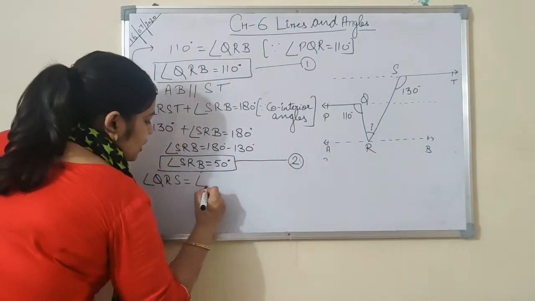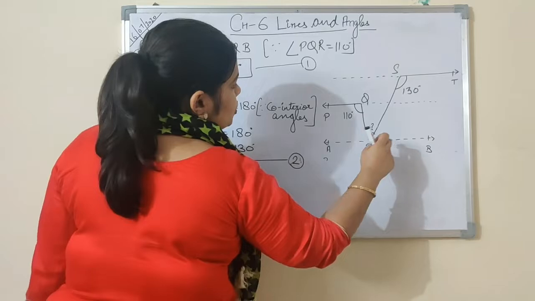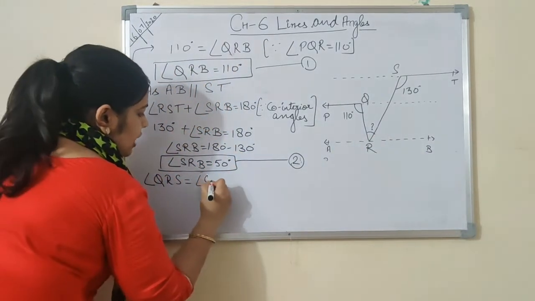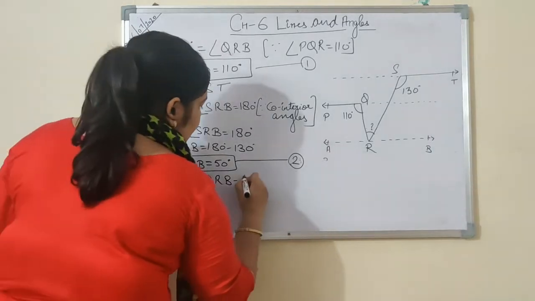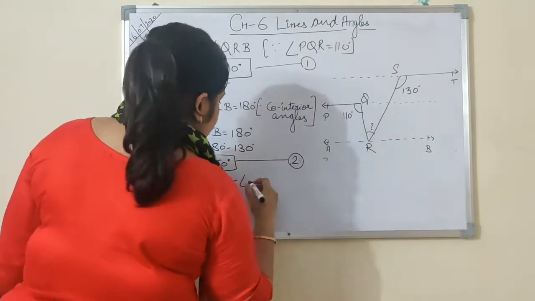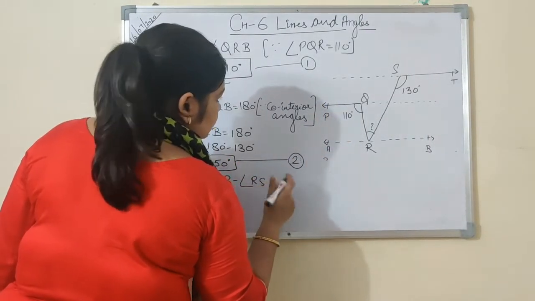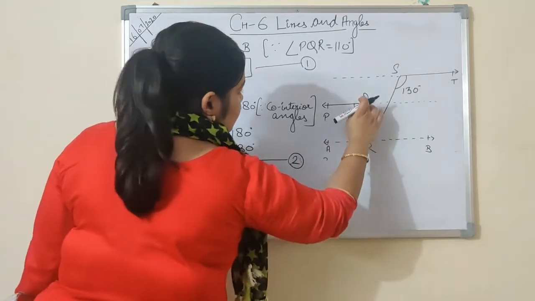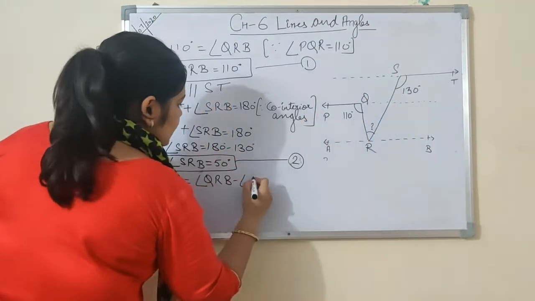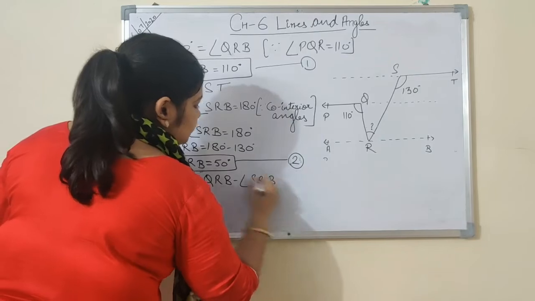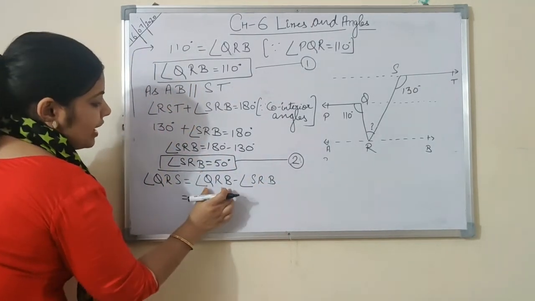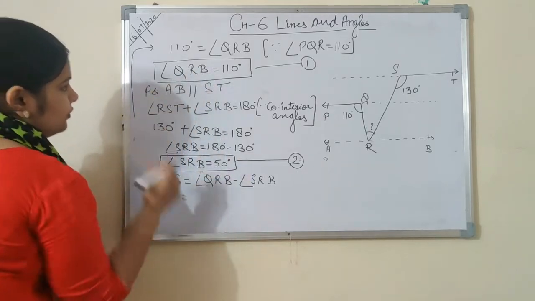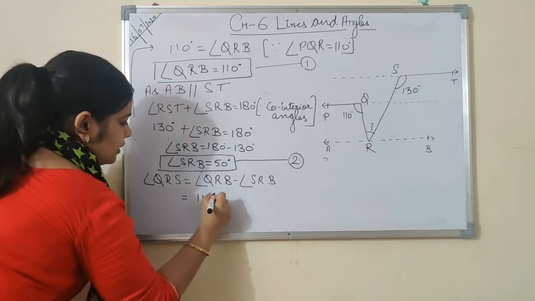So I am writing over here that angle QRS can be written as angle QRB minus angle SRB. Yes or no? Now, in place of angle QRB, according to the first equation, we can write 110 degrees.